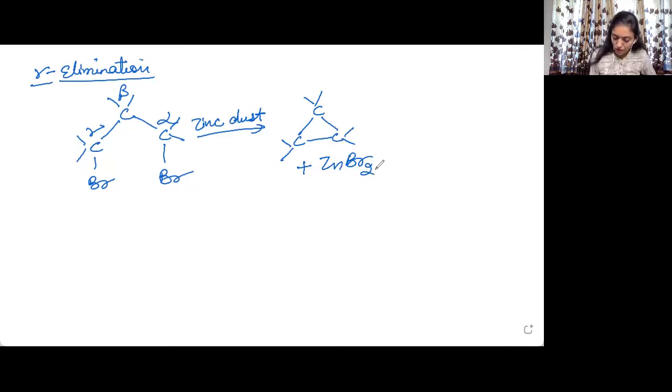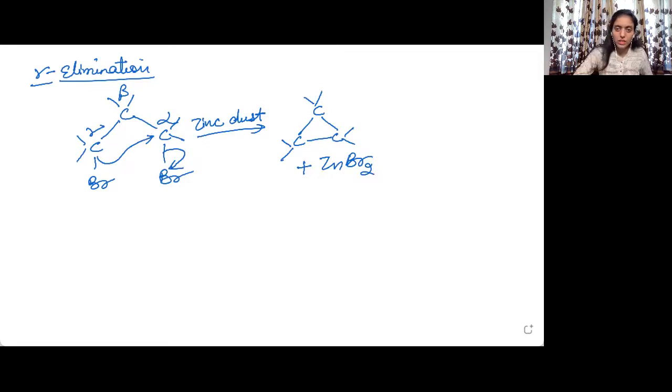Right? So here we can say that this is leaving and this is attacking here, leading to the formation of a cyclic ring. Not very important, not very common. Okay. Beta elimination is the most common and it is the most important one.